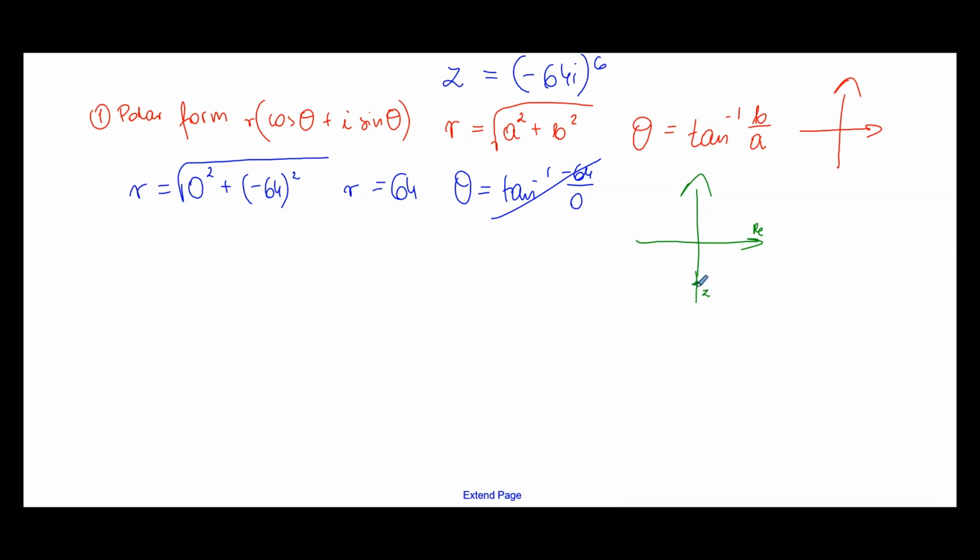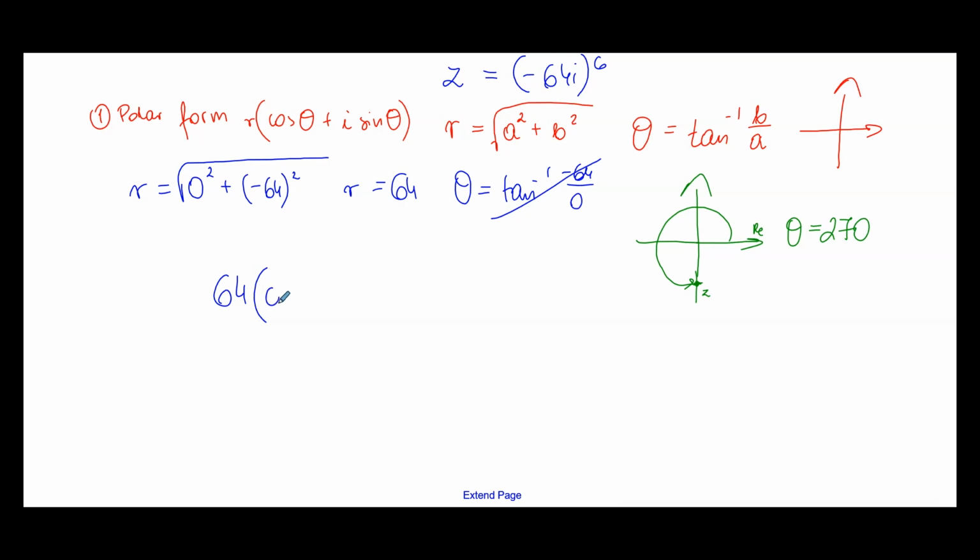That's where I'm going to have my z. So this is the angle I am considering. If I want to find it, 360 minus 90 gives 270, because those are 90, 90, 90 that we have. So that's our theta.